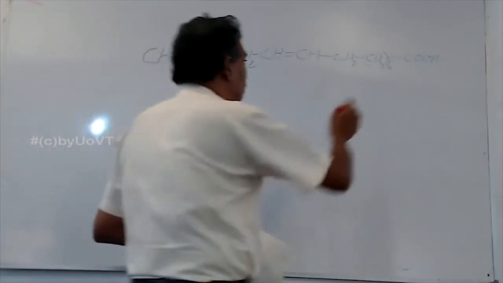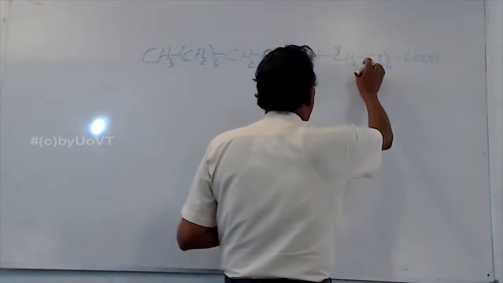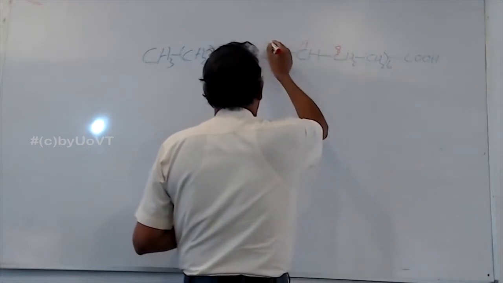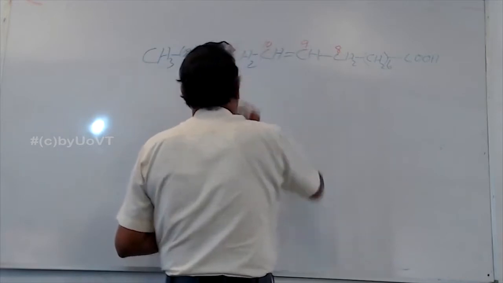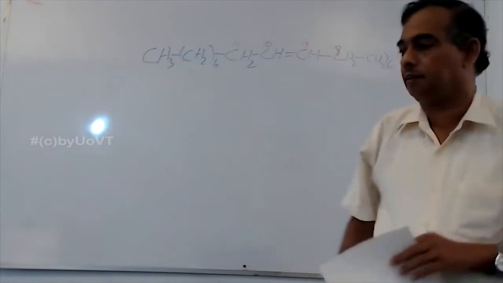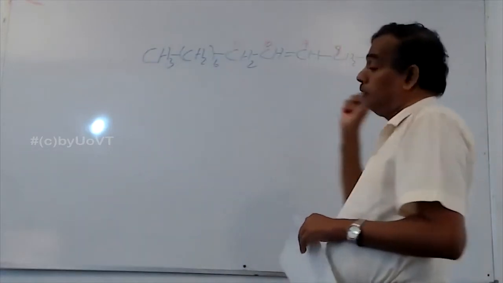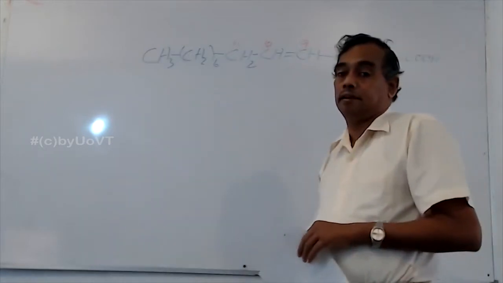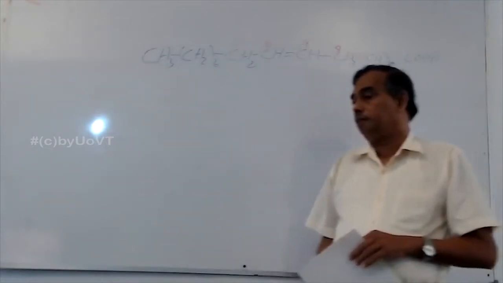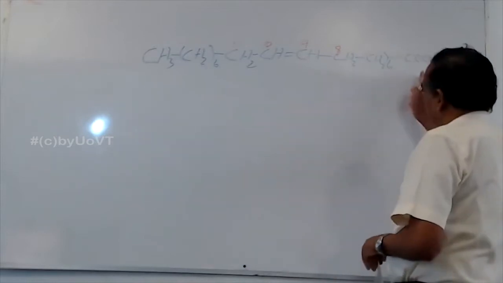Based on numbering, this is 8, because up to this 7, 8, 9, 10, 11. I am following the chemistry numbering system, the IUPAC numbering system, not the physiology system. Therefore, I start the numbering from this side.